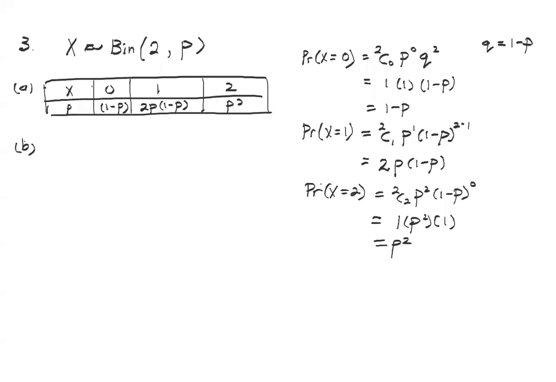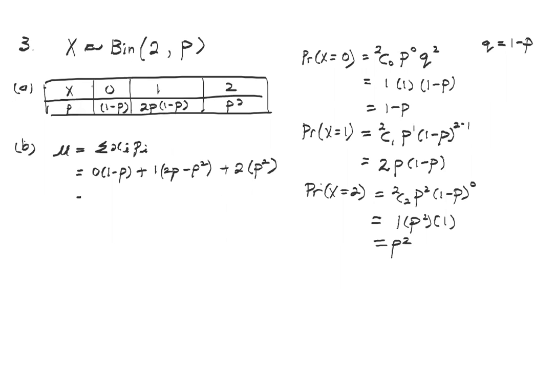Okay, I will use the general formula for mean for any case, sum of xi pi. So I just substitute in 0 times 1 minus p plus 1 times, okay, I expand, 2p minus p squared, plus 2 times p squared.